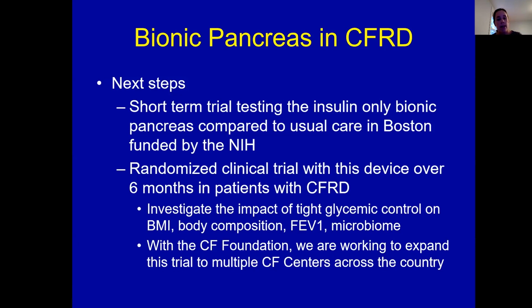I'm also excited that we are currently working with the CF Foundation through the Clinical Research Award Plus Planning Grant mechanism to expand this study to multiple centers across the country. So hopefully you may see the bionic pancreas in a center near you.